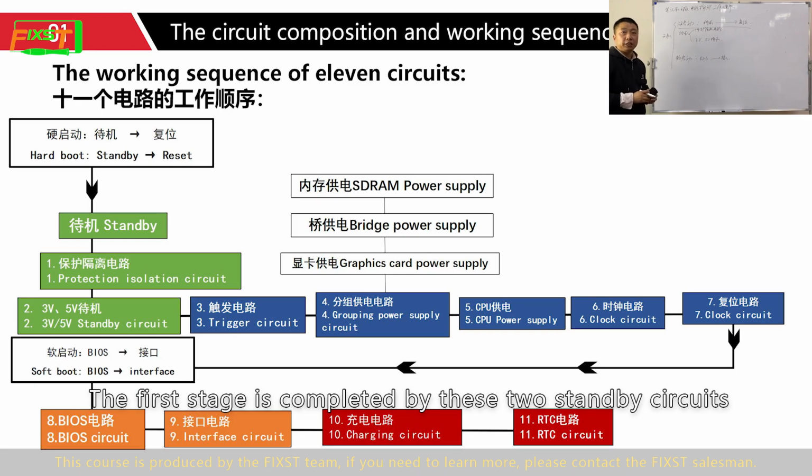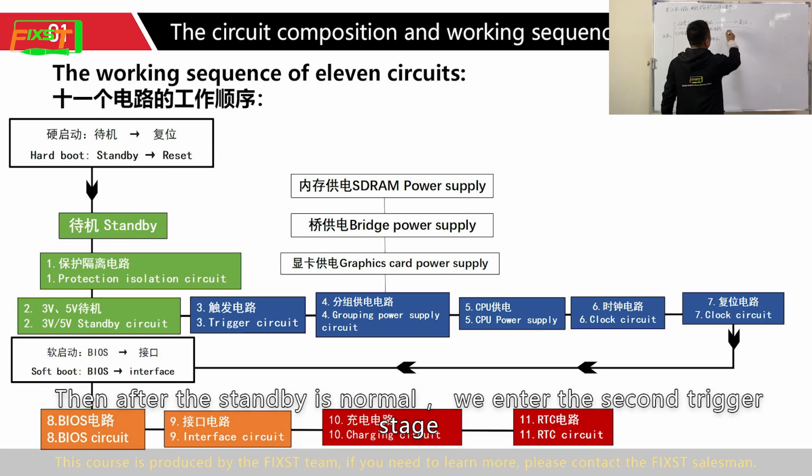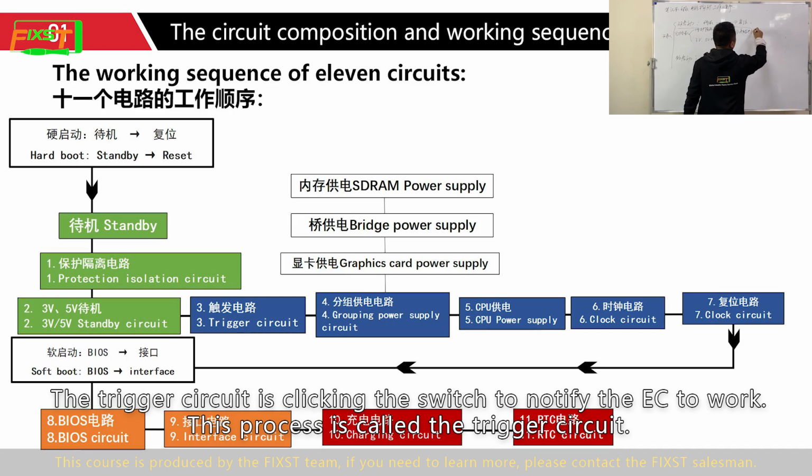The first stage is completed by these two standby circuits. Then after standby is normal, we enter the second trigger state. The trigger circuit is clicking the switch to notify the EC to work. The process is called the trigger circuit.